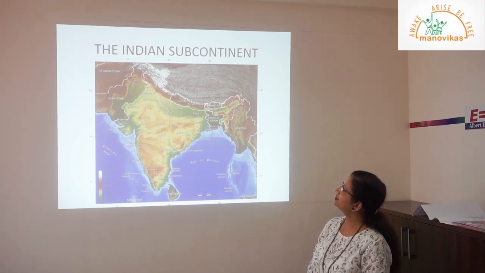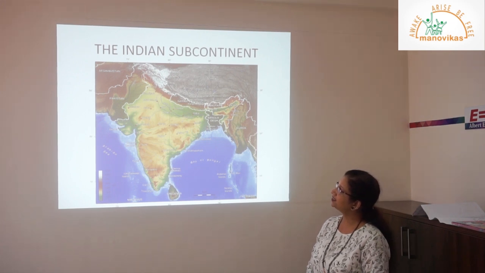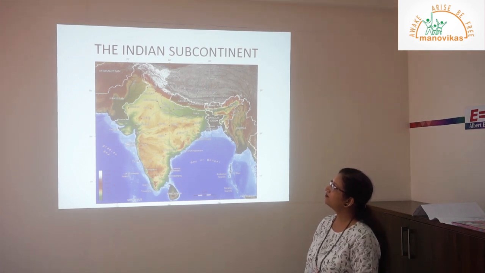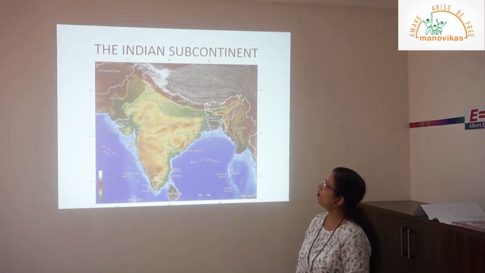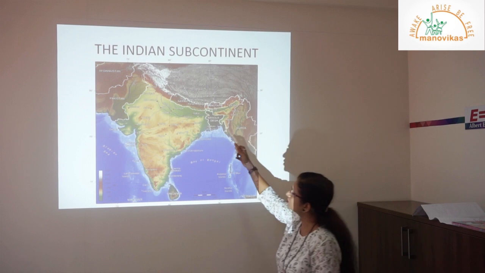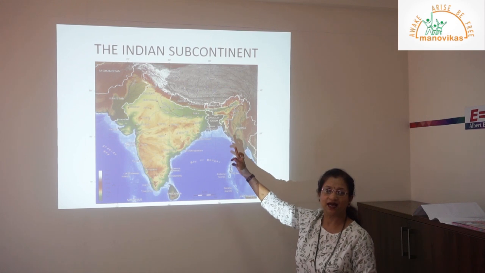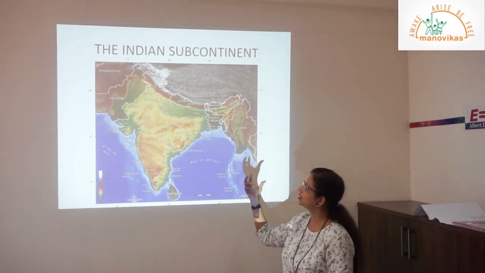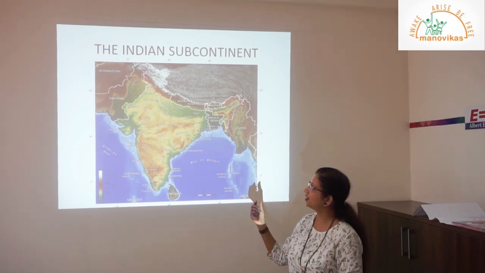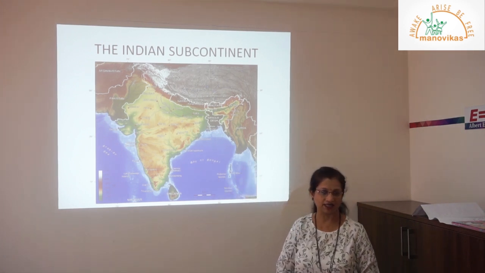Now, the Indian subcontinent. Our Indian subcontinent is divided into many regions. But here I will focus mostly on the northern mountains which are right on top. Can you see this cone shape? That cone shape is called a peninsula. So India is a peninsula which is covered by water bodies on all three sides.